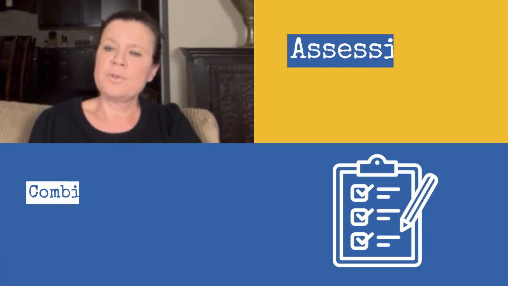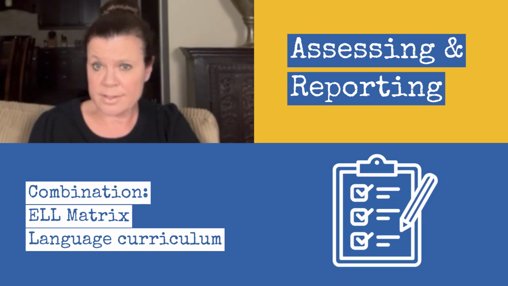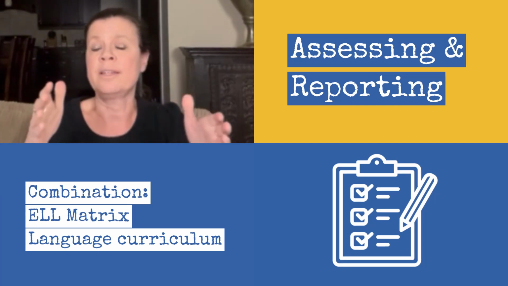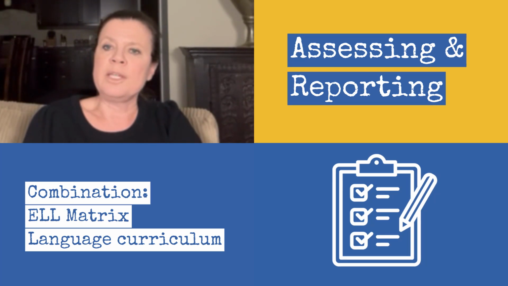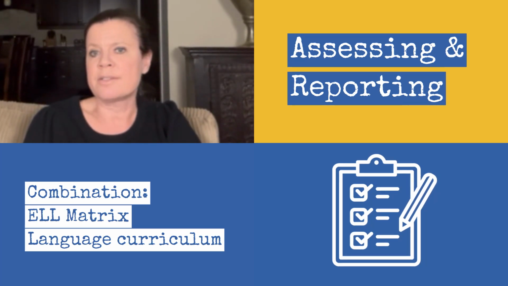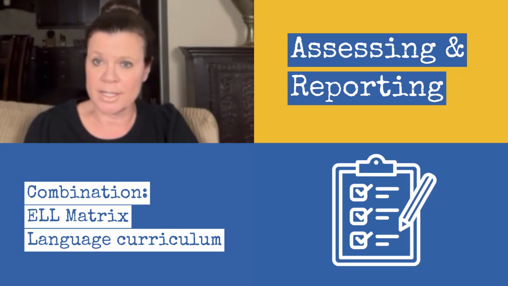When it comes to assessing and reporting on students' language skills for reporting in language arts, they're obviously not going to be meeting standards in language arts because their English just simply isn't good enough yet.